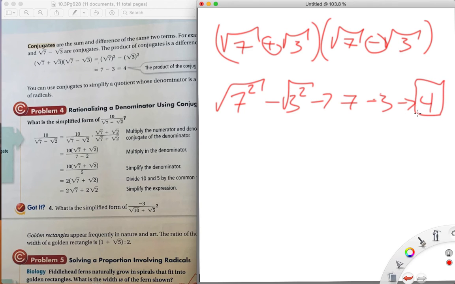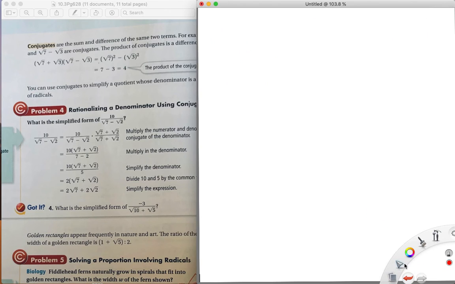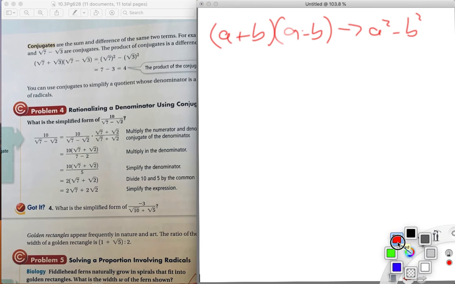When you multiply conjugates, the radicals go away and you're just left with those two numbers underneath the radical sign, and you just either add or subtract. Most likely you will subtract them because conjugates are negatives. And that comes from the a plus b times a minus b, which is a squared minus b squared, right? We already did that earlier in the chapter.